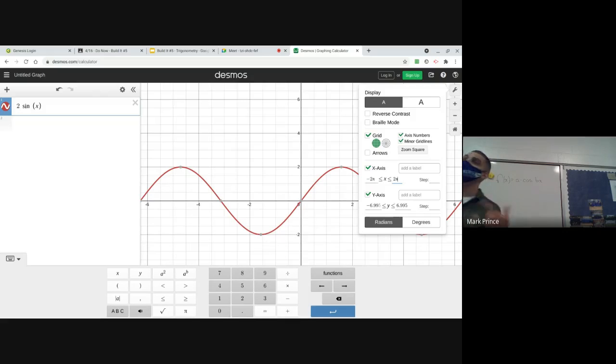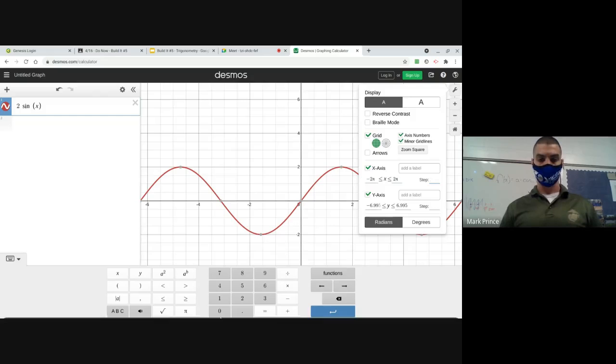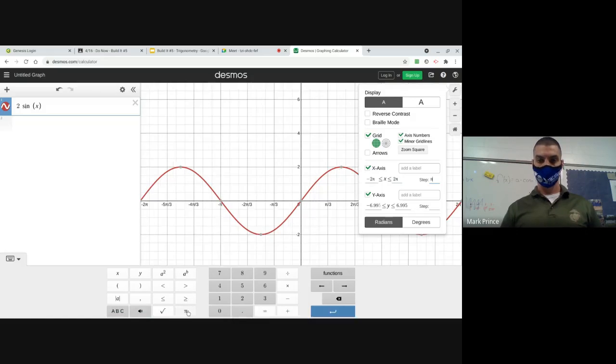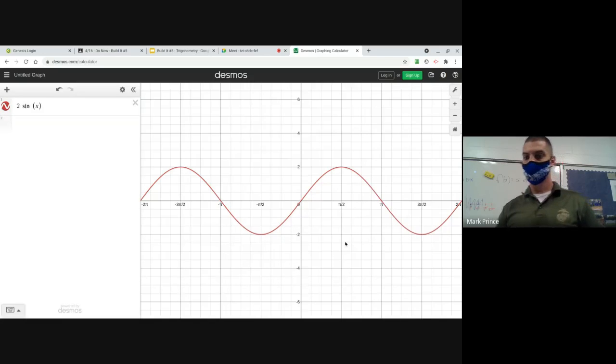But I want to see it in terms of pi, so I need to change my step to pi over 2. So negative 2 pi, 2 pi, and then your step pi over 2. And what I would do, so you don't have to do this every time.